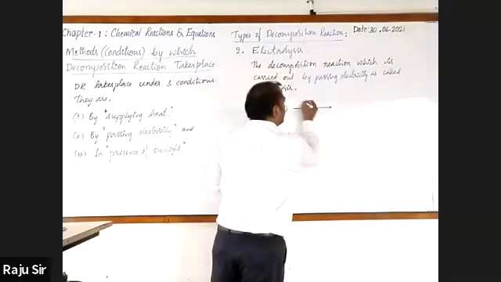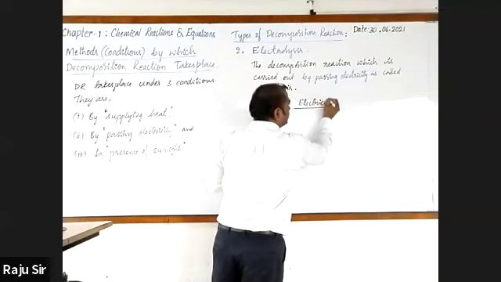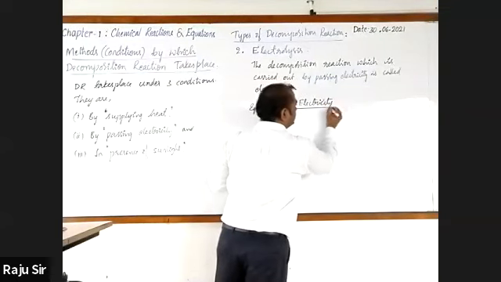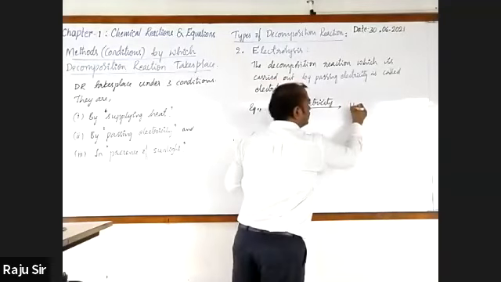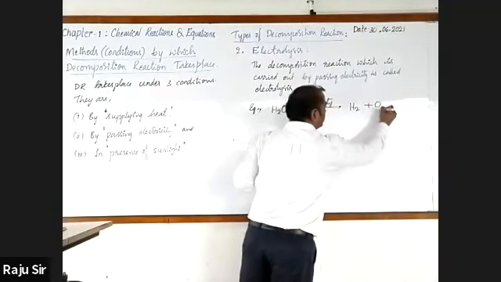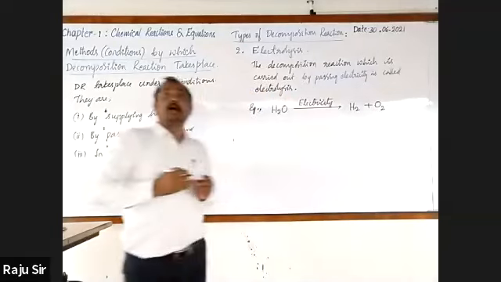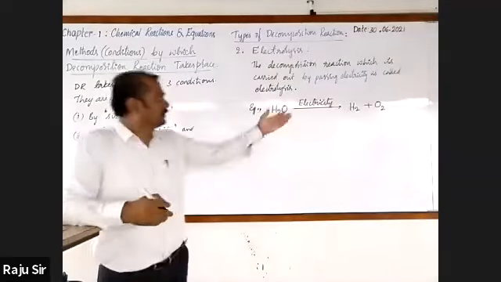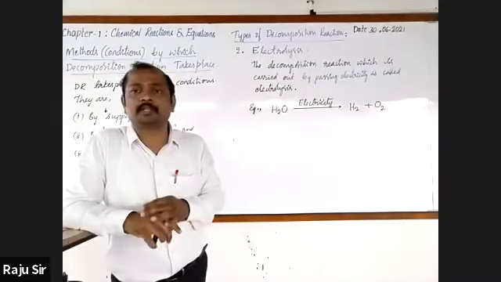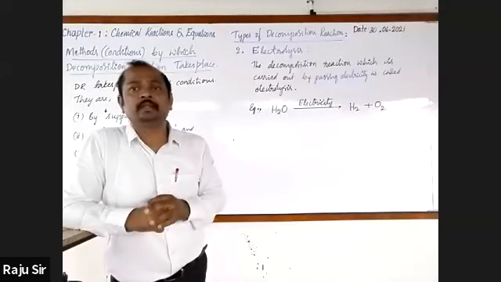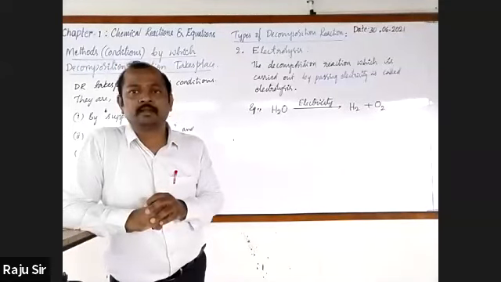Then when you pass electricity, it decomposes into hydrogen and oxygen. Can we say that this is also one of the chemical reactions used for preparing oxygen in the laboratory? Yes, sir.